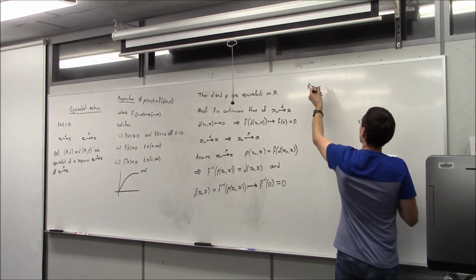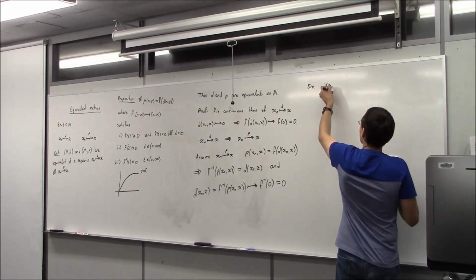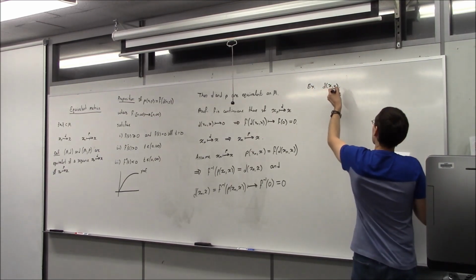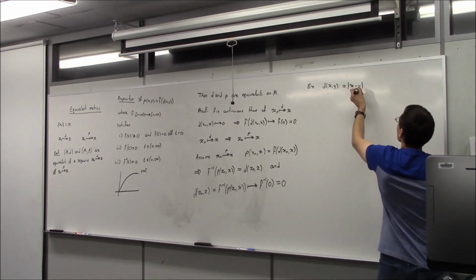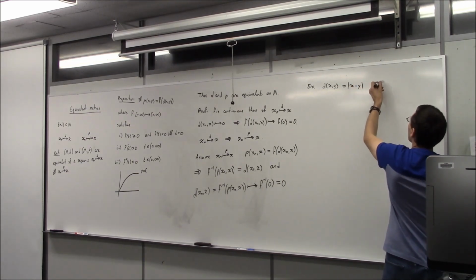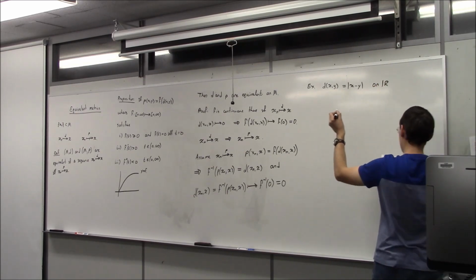So suppose that I have the distance between x, y is simply the absolute value of x minus y on R. Okay?